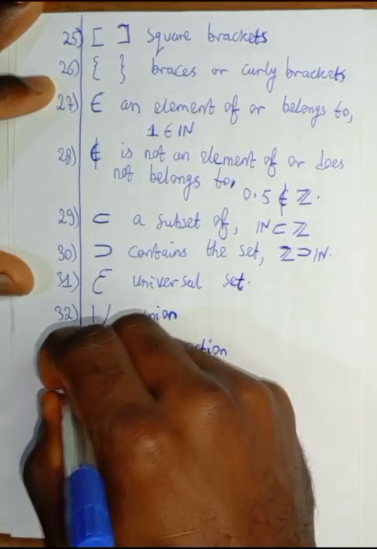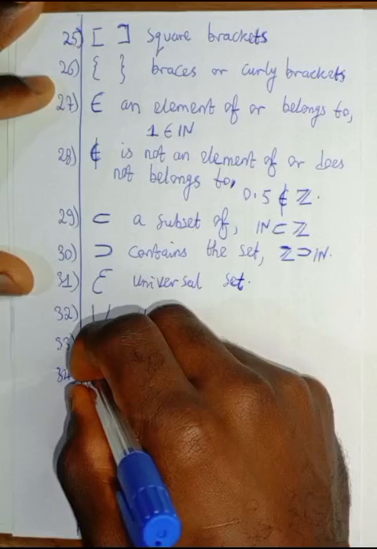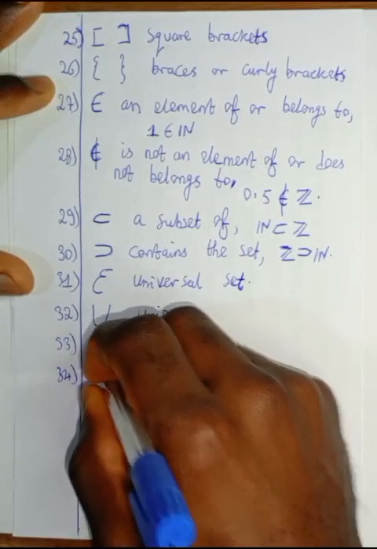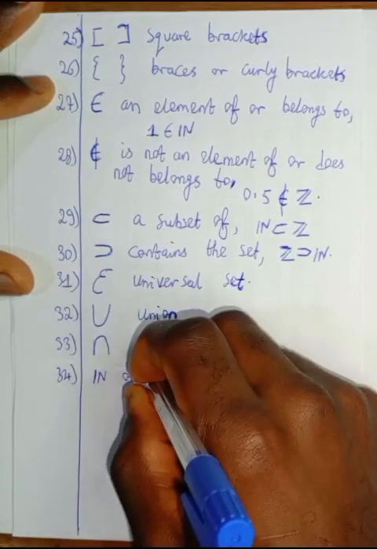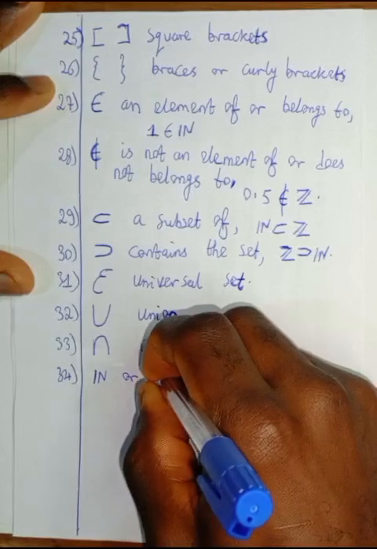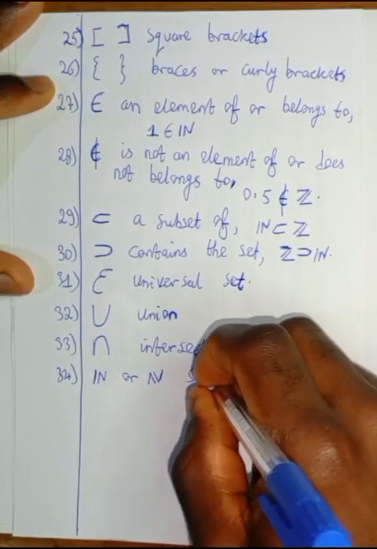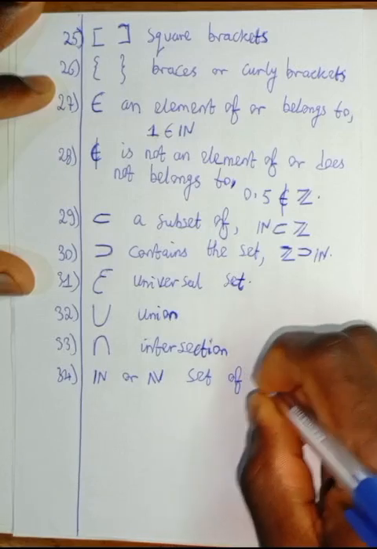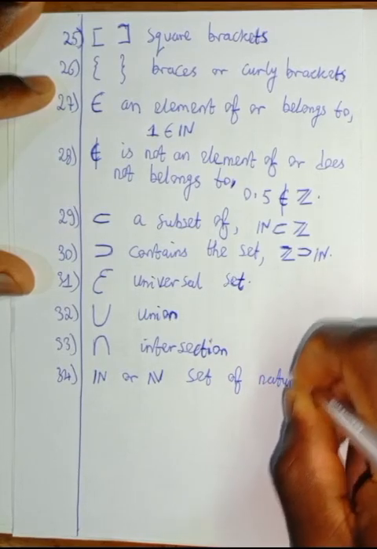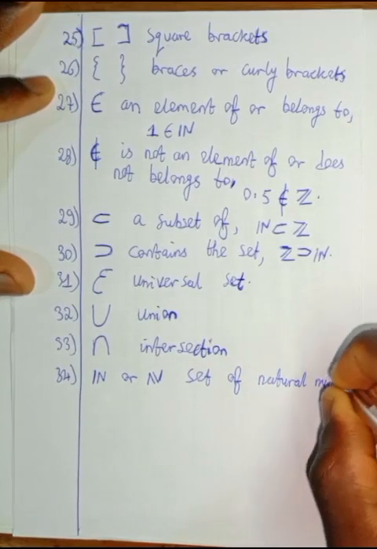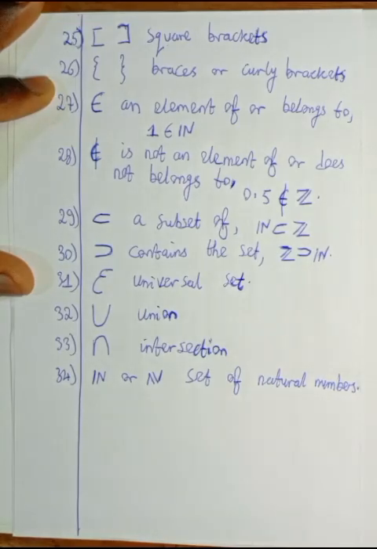We go to 34, we have an N as such, or you might see it in some books like this, which stands for the set of natural numbers. And this set has first element 0.